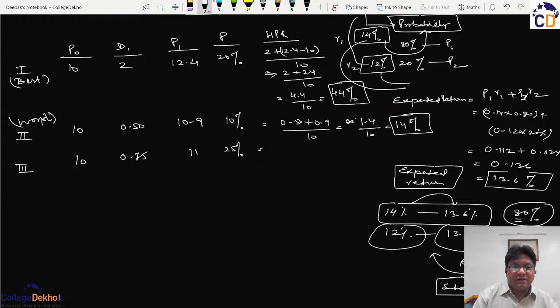So what we are getting is 0.75 plus rupee 1 upon 10. So this will come out to be 17.5%.